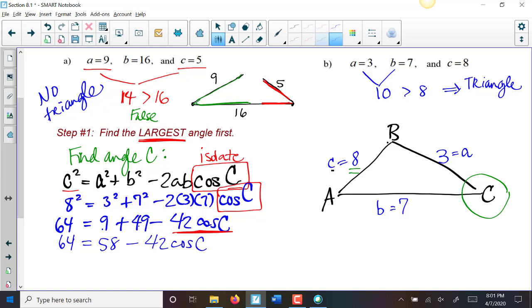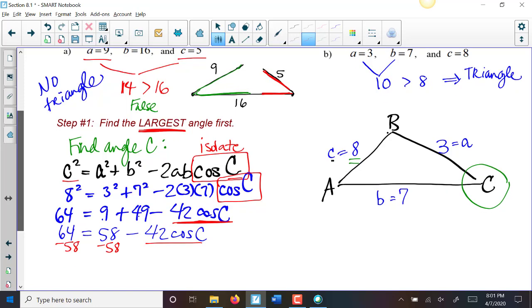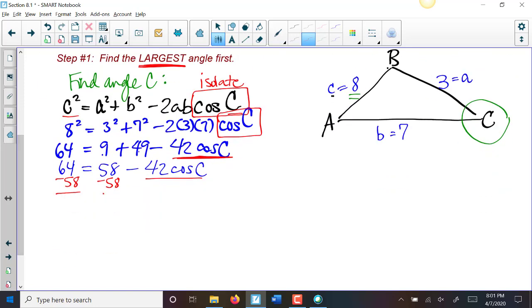Okay, so I want to isolate this term. So I'm going to subtract 58, which gives me 6, I believe, equals negative 42 times the cosine of C. Now I want to isolate this, so I have to get rid of the negative 42 by dividing.